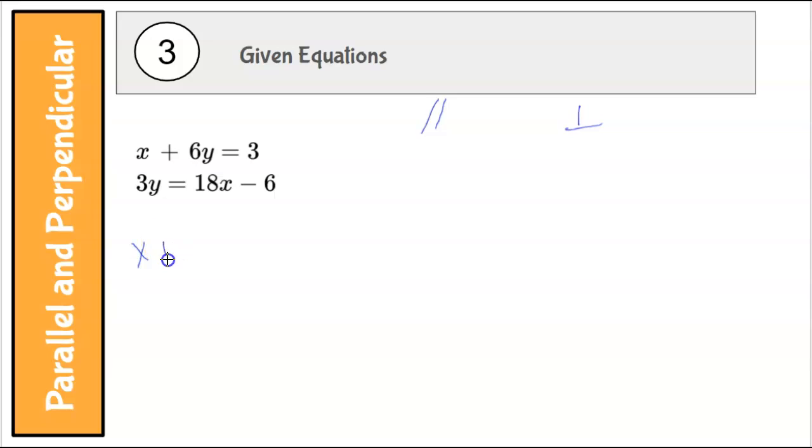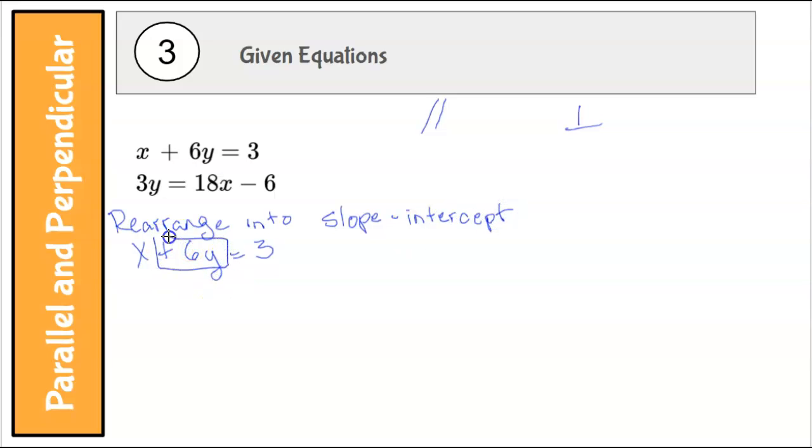So let me start with x plus 6y equals 3. I'm going to rearrange into slope-intercept form so that I can tell what the slope is. And I do that by solving for y. Box around this, circle everything else. 6y equals negative x plus 3.